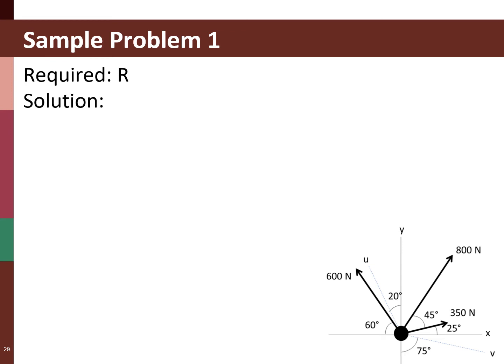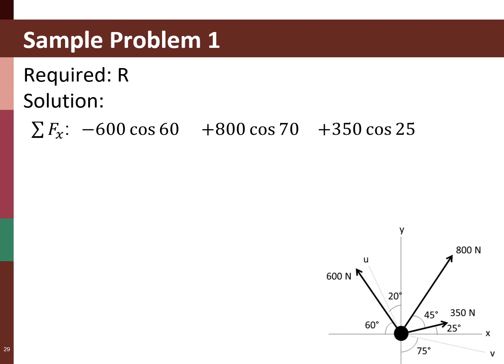Using rectangular method, we get the summation of forces about the x-axis. For the 600 Newton force, the x component is negative 600 cosine 60. For the 800 Newton force, the x component is 800 cosine 70. For the 350 Newton force, the x component is 350 cosine 25.